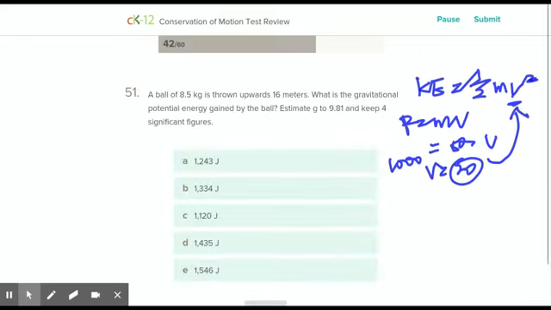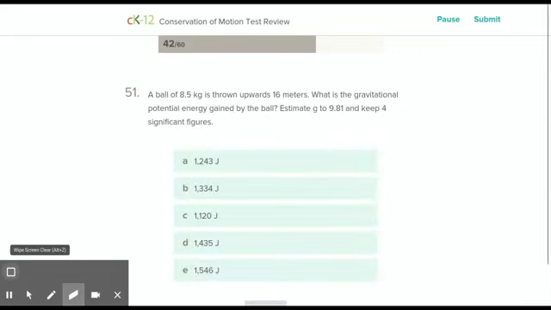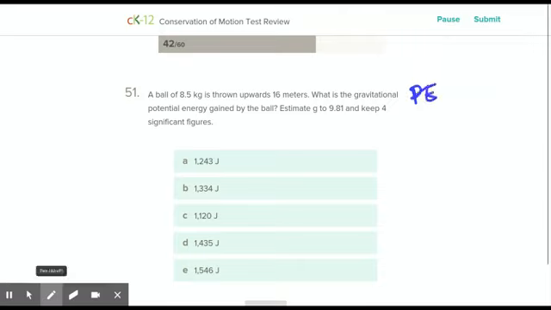Okay, 51. A ball of 8.5 kilogram is thrown upwards 16 meters. What is the gravitational potential energy gained by the ball? Estimate gravity as 9.81 and keep 4 sig figs. So we know potential energy is mgh, right?